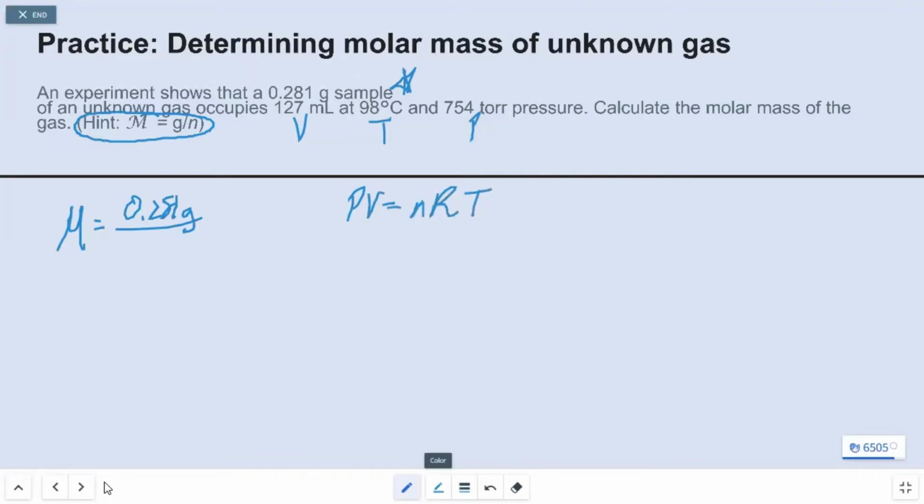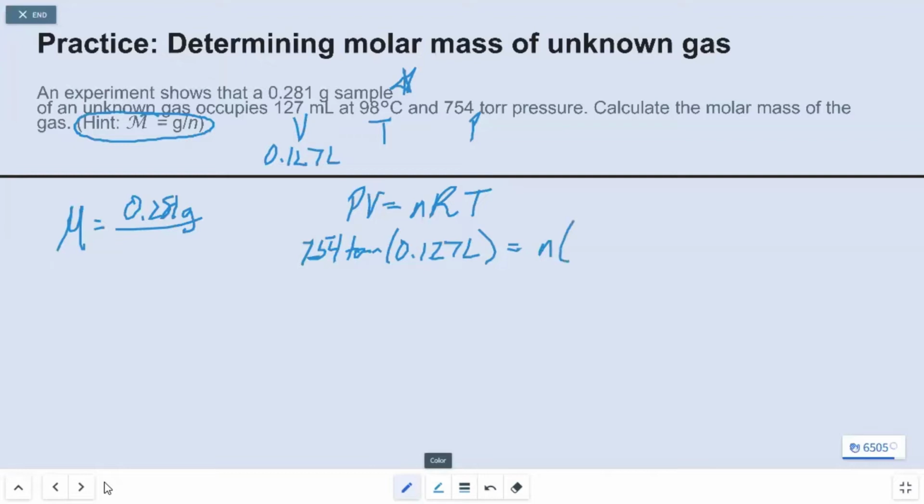The pressure is 754 torr. The volume, 127 milliliters. We have to convert that to liters. So that'd be 0.127 liters. Got to divide by 1,000. n is what we're trying to find, the number of moles.